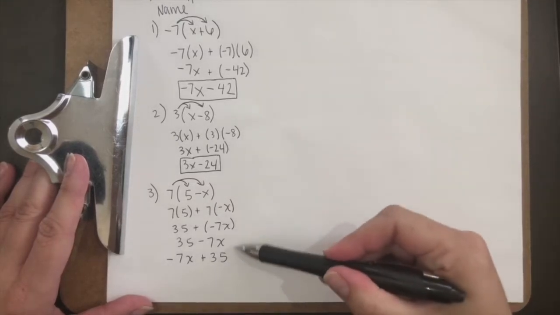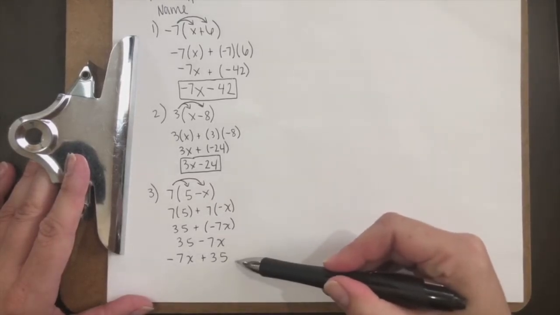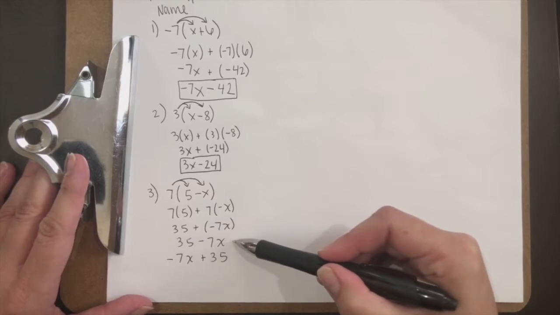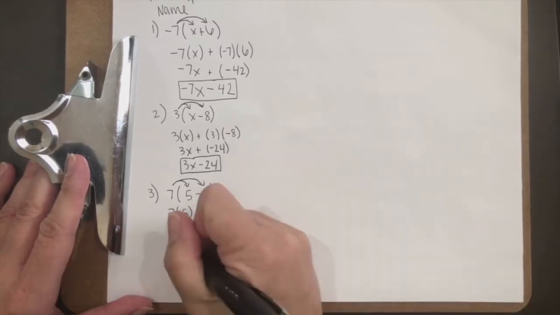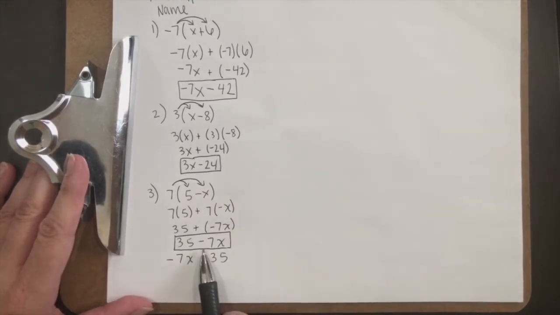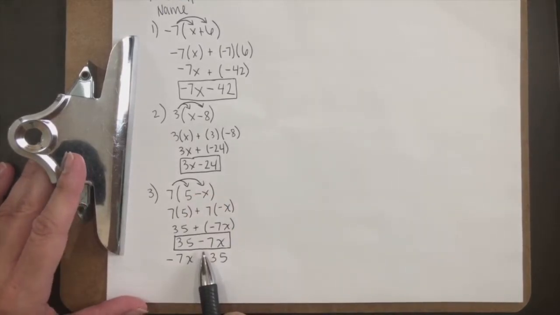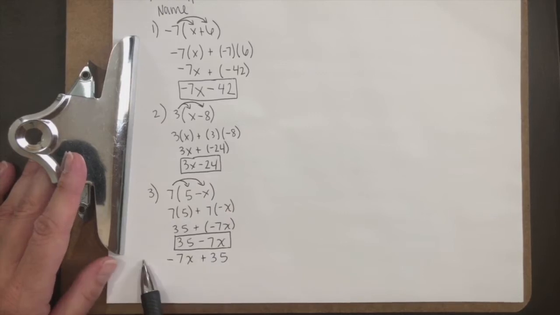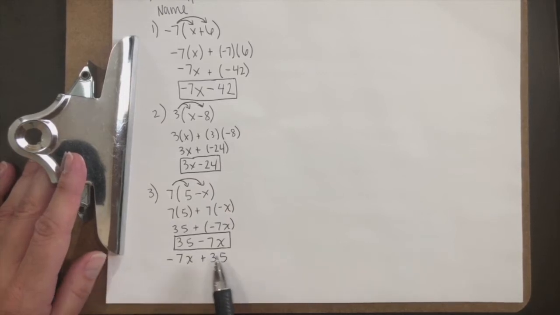And both of these are correct. I think actually in your answer key, you're going to see this one. So we'll go ahead and put a box around this one since that's what's in the answer key. But just know when you get to higher levels of math, when you get to algebra, you're going to have x squareds and then x's and then numbers by themselves.